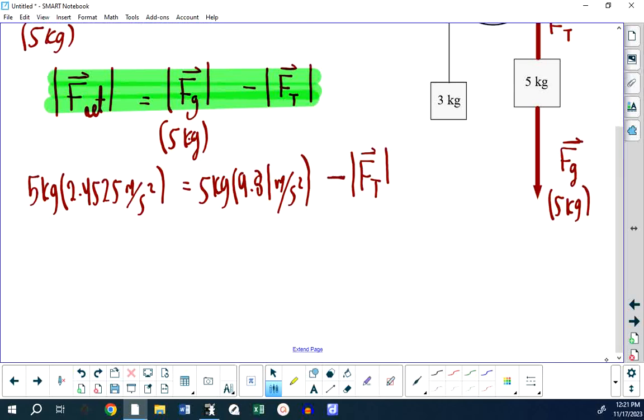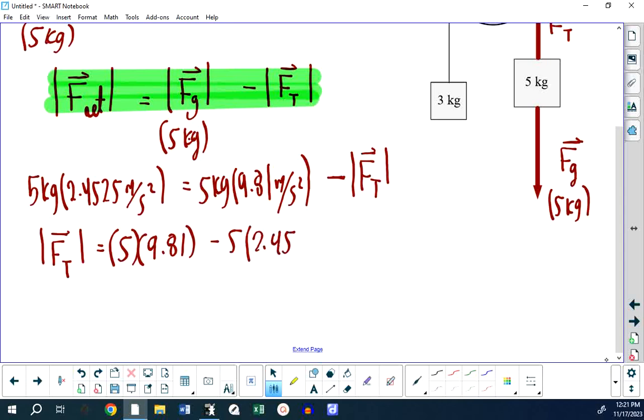Since it's minus Ft, I'm going to add it to the other side where it becomes positive. I would rather find a positive quantity than a negative. And it would be whatever 5 times 9.81 is. I'll just leave the units out because we've already got them. Minus 5 times 2.4525.